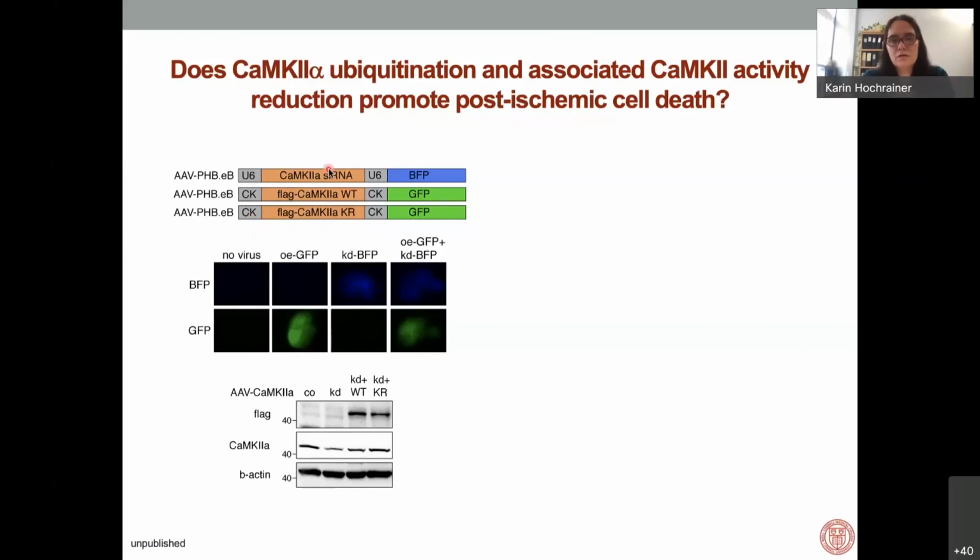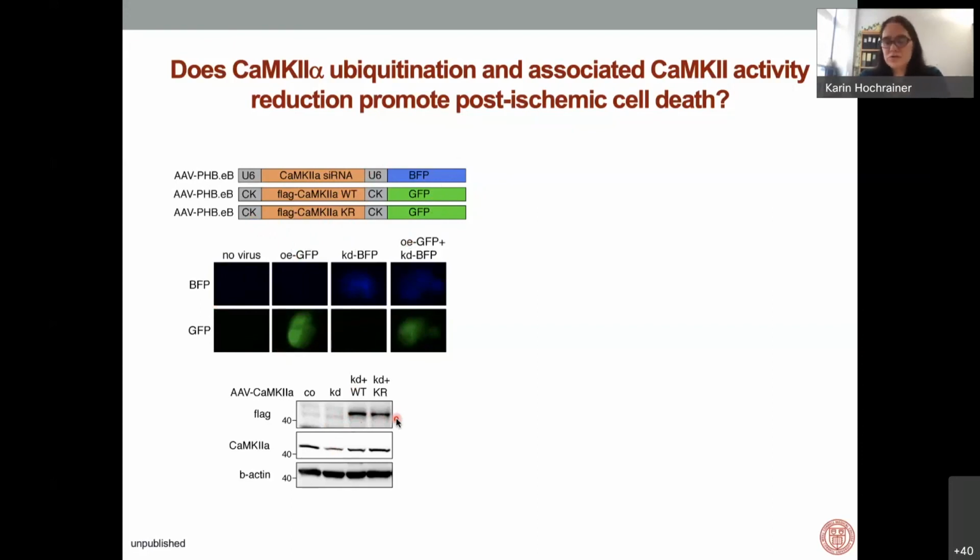So the knockdown virus has a blue fluorescent protein, the other is GFP to detect expression in hippocampal slices that you can see here. And then also the CaM kinase, the overexpressed version is tagged with a flag that you can detect here.